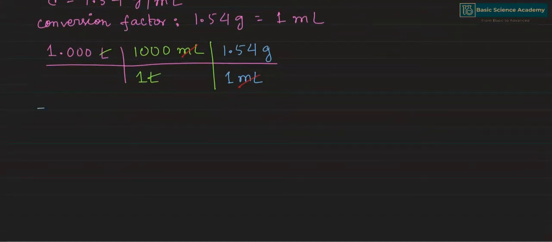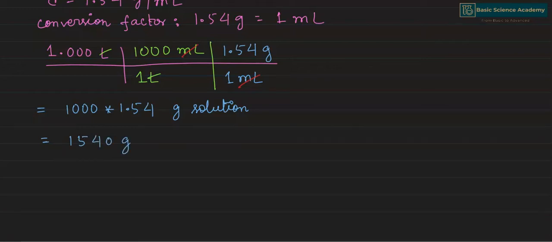This gives us 1000 multiplied by 1.54 gram solution, which is equal to 1540 gram solution. So this is the answer for part A. The mass of 1 liter of the solution is 1540 gram.